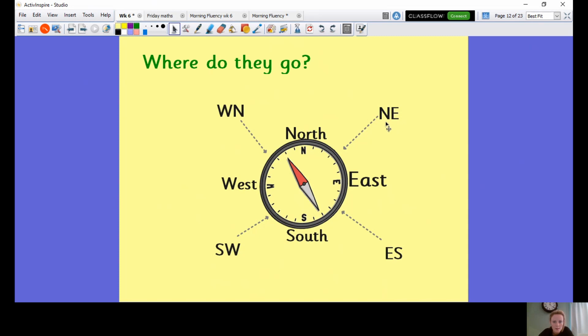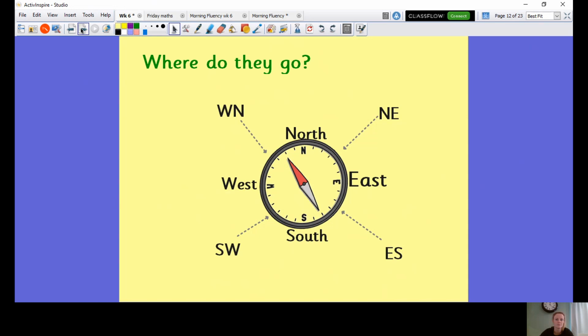Because if you look, northeast, it's NE, so they go in between the north and the east, the N and the E. You see that? And then for east and south, what do you think goes in there? Yeah, SE, southeast. And then you've got southwest, SW. And then you've got west, north, so northwest, NW. Do you see how they fit?